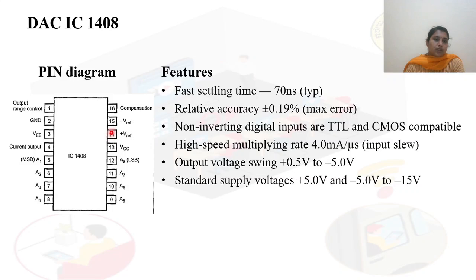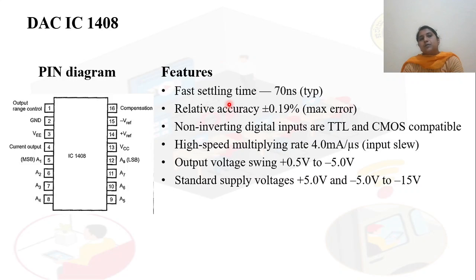Pin number 14 and pin number 15 are used for providing positive reference voltage and negative reference voltage respectively. V minus is the negative power supply pin, pin number 2 is the ground, and pin 16 is used for connecting the compensation capacitor. So this is the compensation capacitor pin.